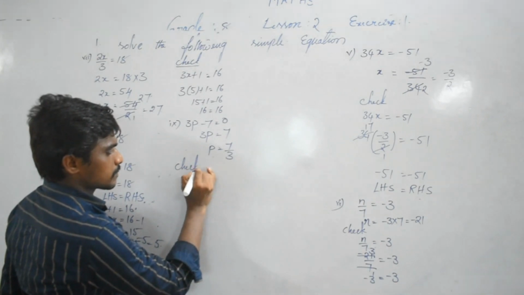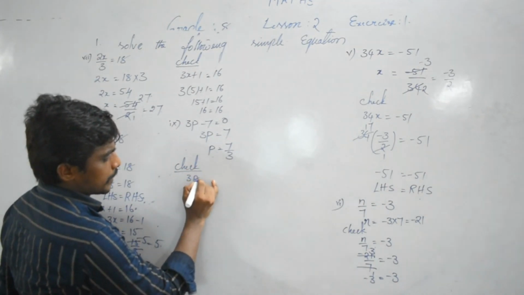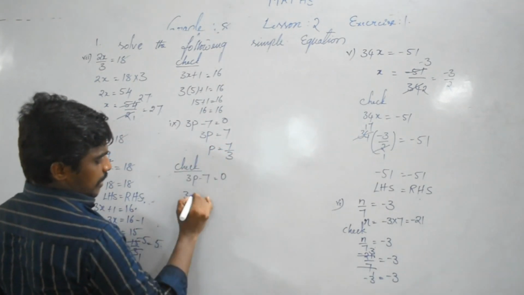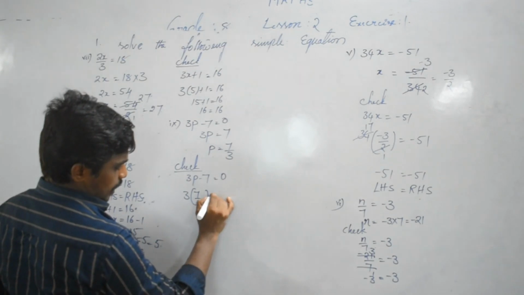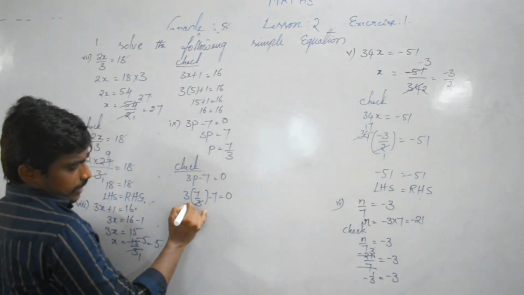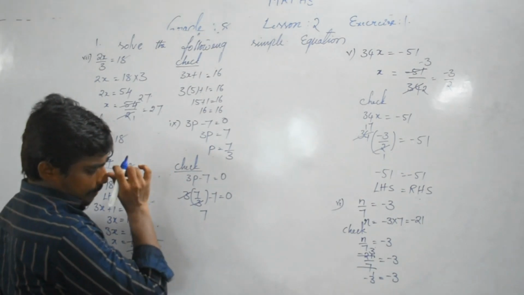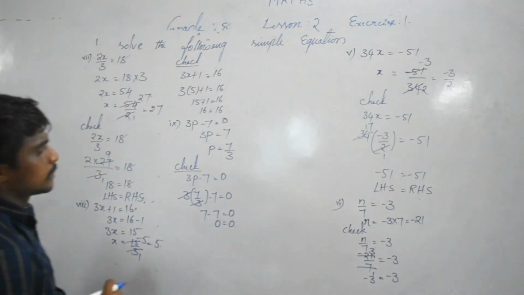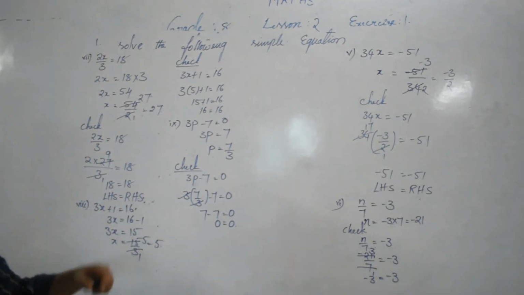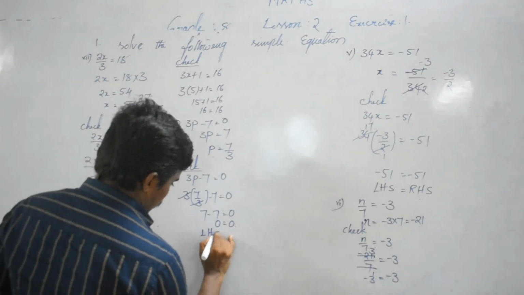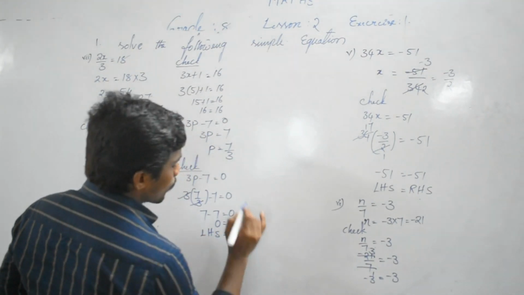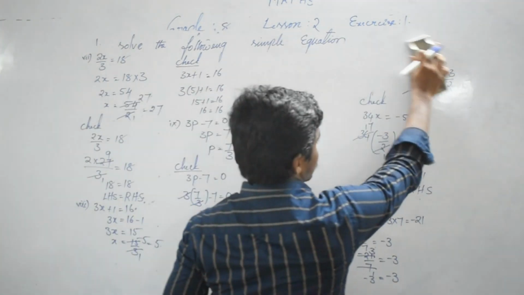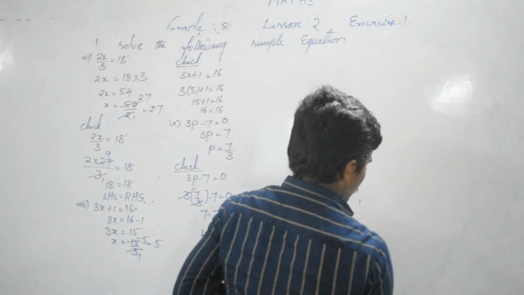Here check. 3p minus 7 is equal to 0. p value 7 by 3, minus 7. So 3 and 3 cancel. Remaining number 7 minus 7 is equal to 0. 0 is equal to 0. So LHS, RHS both are equal. So every time you are checking, LHS equals RHS.